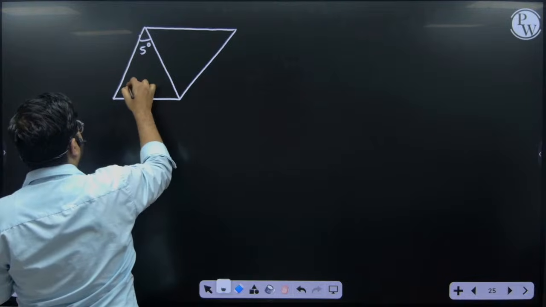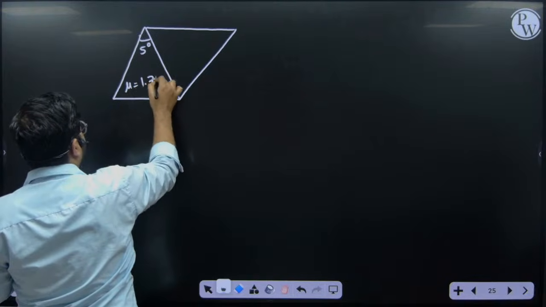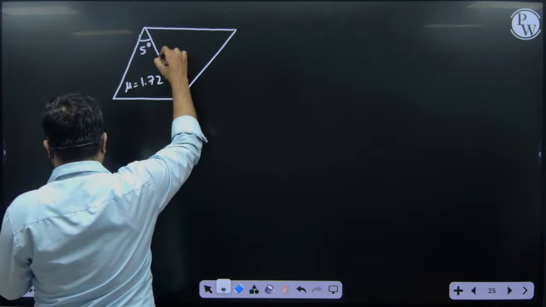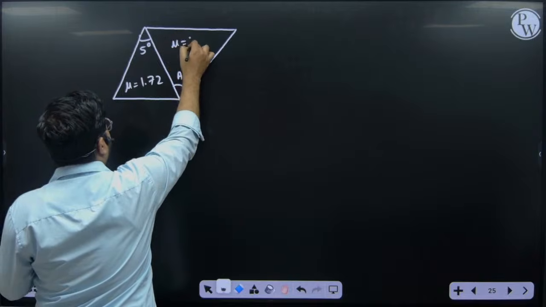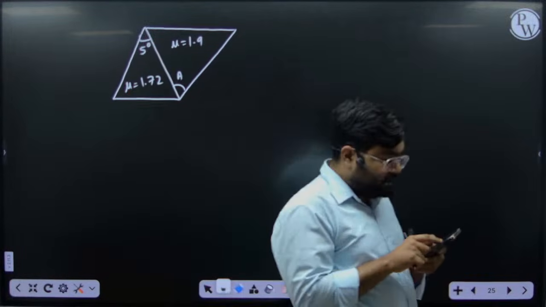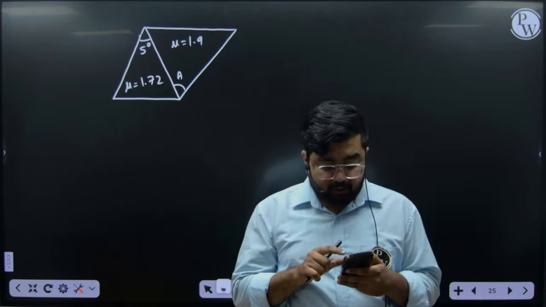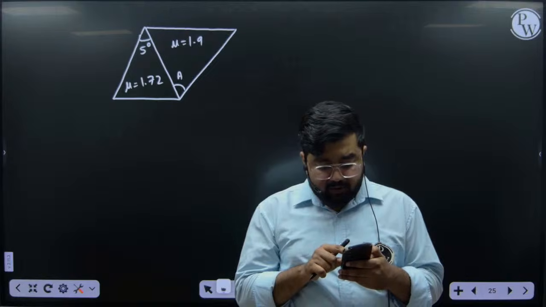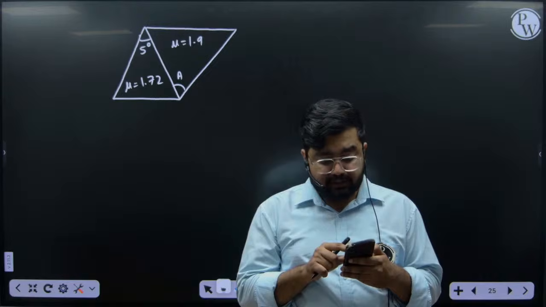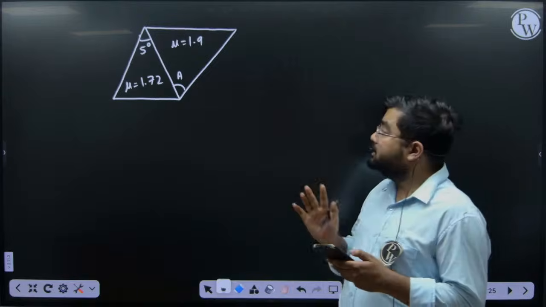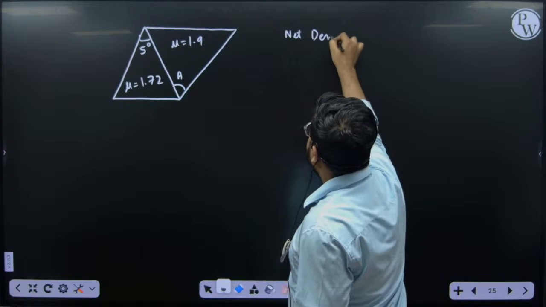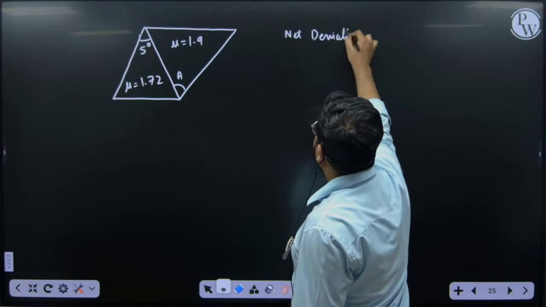The mu here is 1.72 and this is A degree and the mu here is 1.9. Now they are asking what is the value of A if the combination of prisms shows dispersion without any deviation? So basically net deviation is 0.